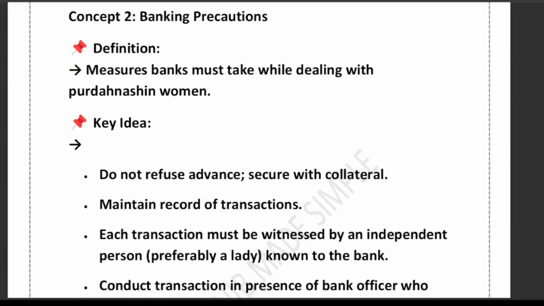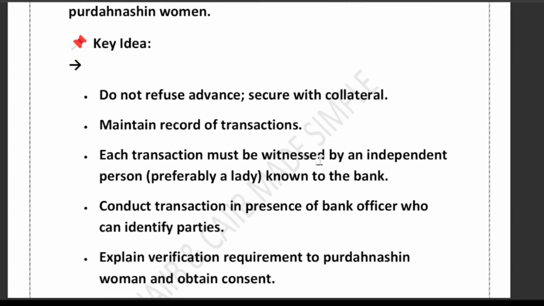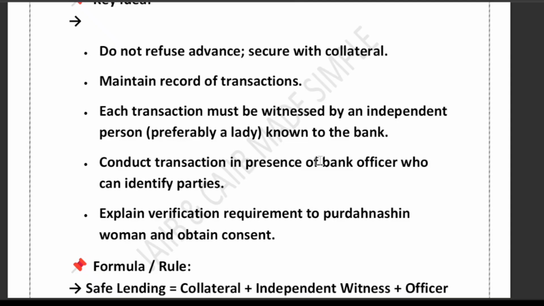Now banking precautions, the measures the bank must take while dealing with Parda Nasin women. First thing is do not refuse an advance, secure it with collateral. Maintain a record of the transaction. Each transaction must be witnessed by an independent person, preferably a lady who is known to the bank. Conduct the transaction in the presence of a bank officer who can identify the parties.